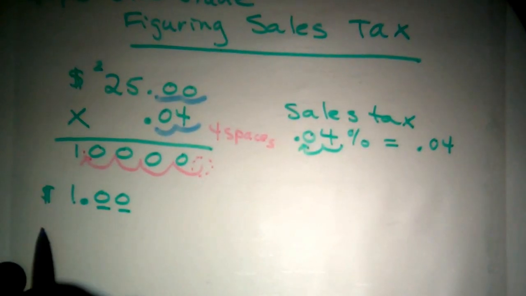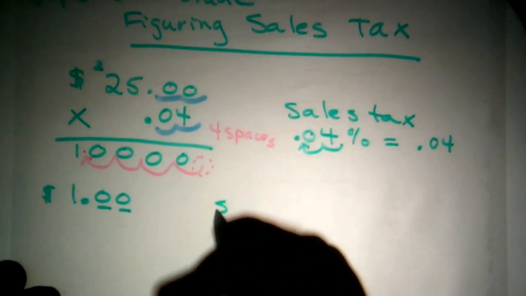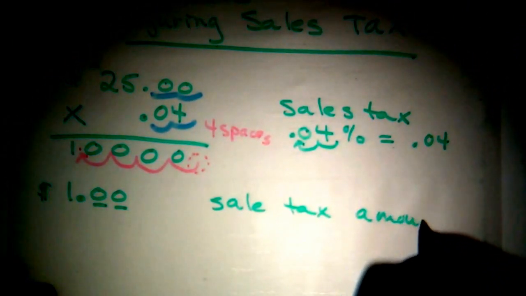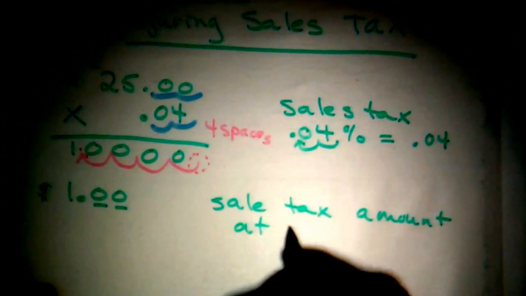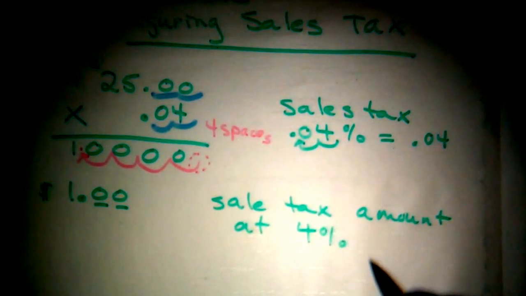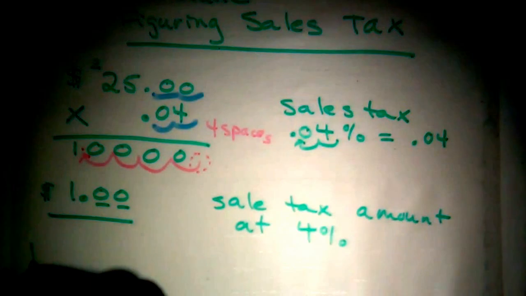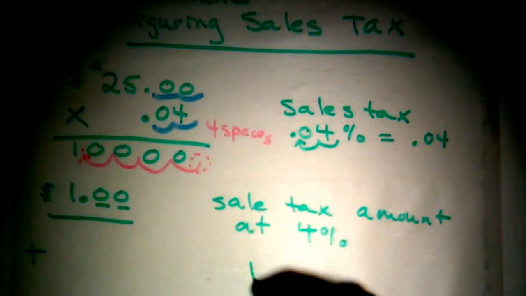Now, that's my sales tax amount at 4%. But what do I need to do with this amount? I need to add it to the total purchase price.